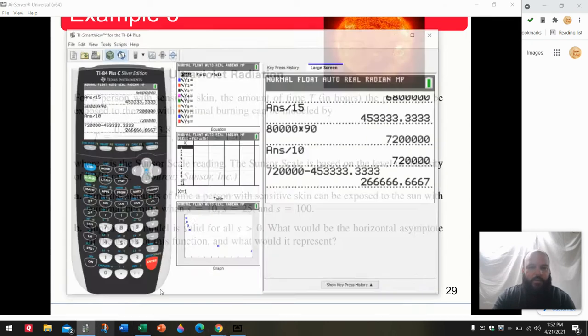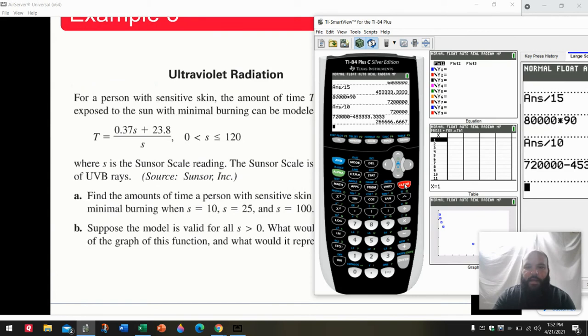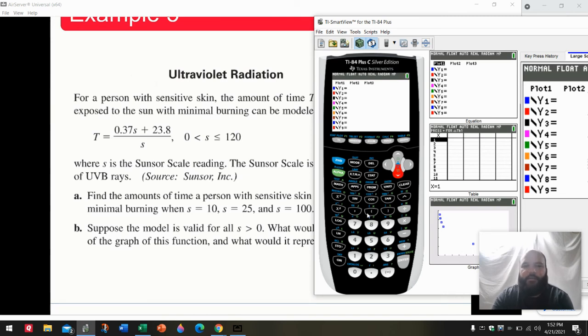You're simply going to take your graphing calculator and plug in 10, 25, and 100 into the equation. Now, I'm going to go into Y1 and make sure Plot 1 is shut off if you still have that turned on from when we did scatter plots.